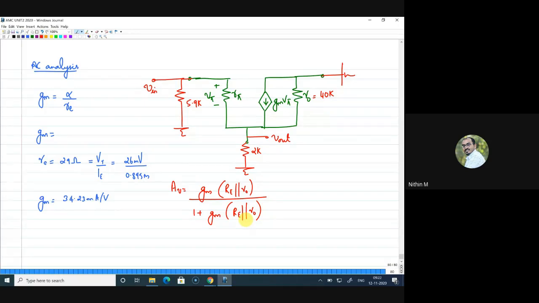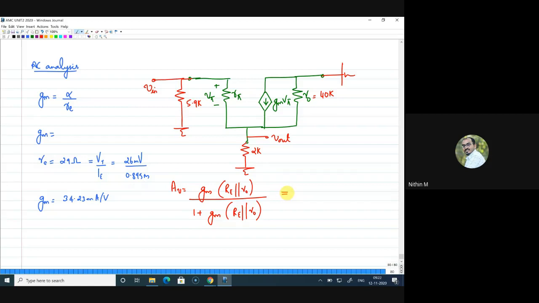Can you solve it and tell me the answer? We have all the values: GM value we have, RE is there, R0 is there, so you can evaluate this.